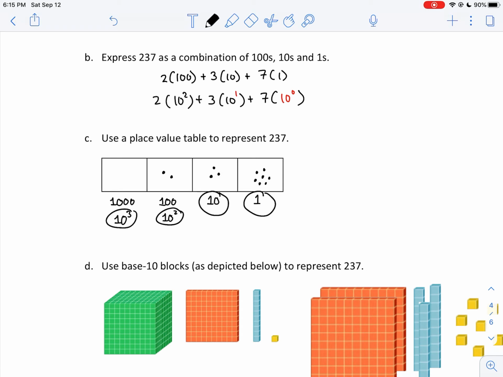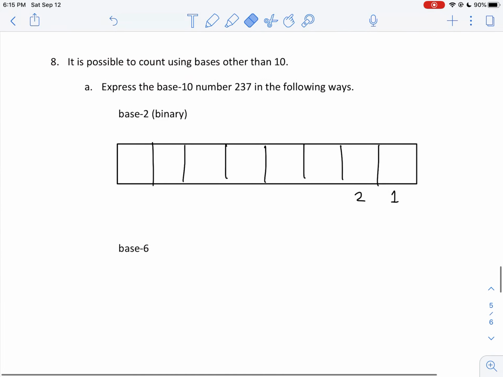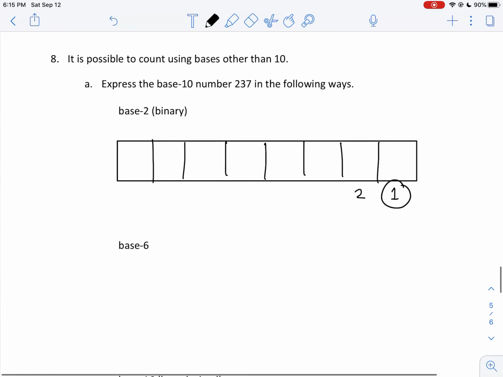And the base is 10. That's why we call this base 10. Remember, when you have an exponent situation like this, that this part's called the base and that part's called the exponent. So we have base 10 going on here with the base 10 system. With a base 2 system, we have a 2 to the 0, which is essentially 1.